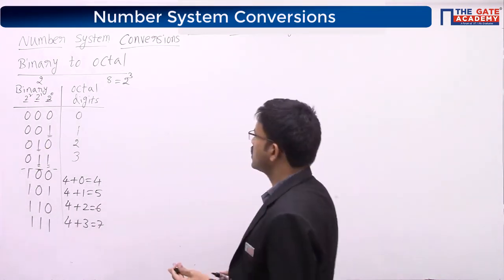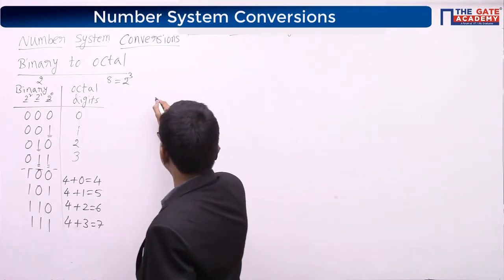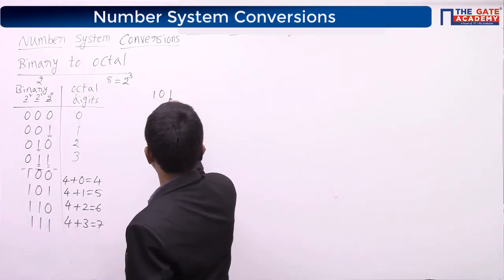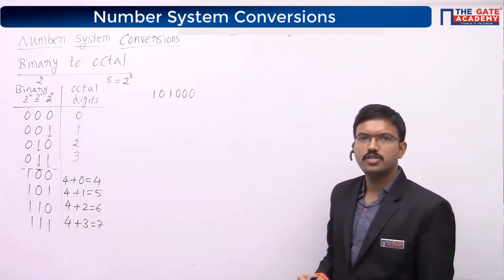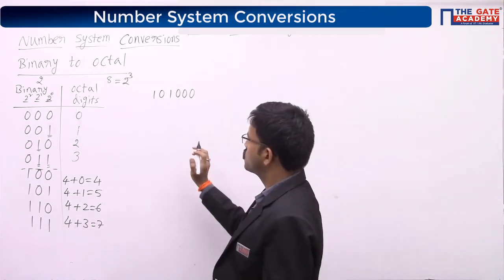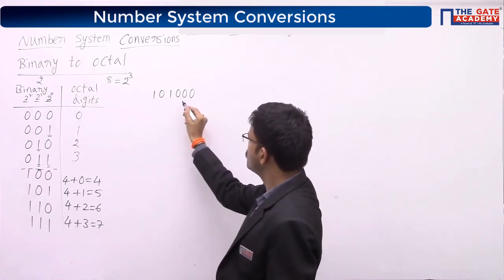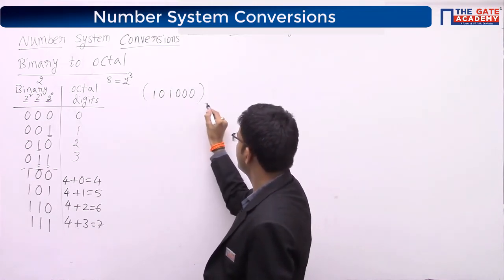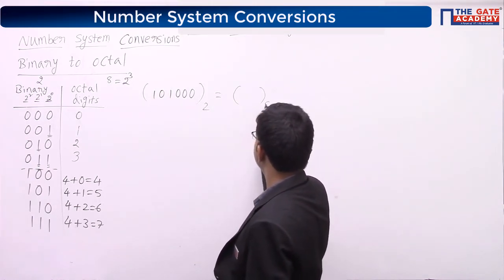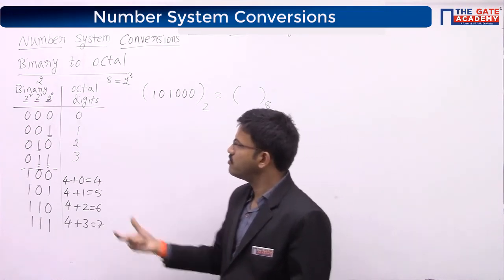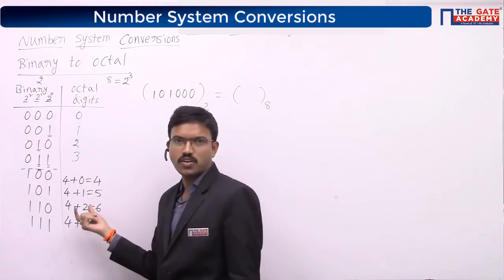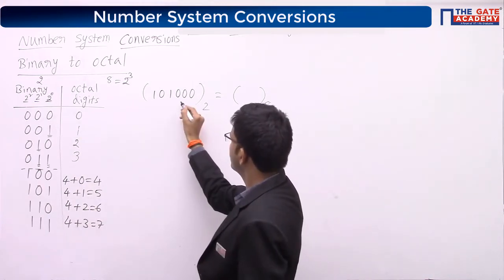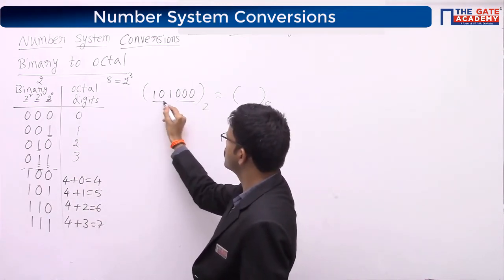First, let us consider the binary number integer part. Suppose I have 1 0 1 0 0 0. We want to convert this binary number into an octal number. By combining 3 bits, we get the corresponding octal digit. So here I will do grouping of 3 bits.